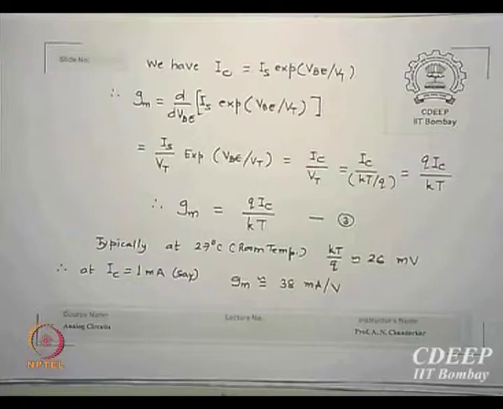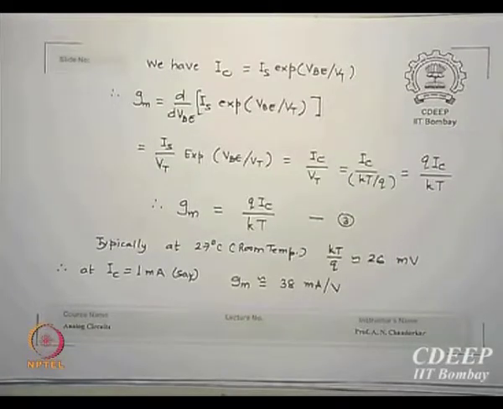But if someone is using 25 degrees centigrade, then kT by q will be 26 millivolts. If you are using 27 degrees, it will be slightly 26 point something. So on average we may use kT by q as 26 millivolt.